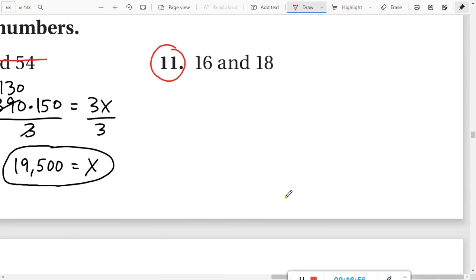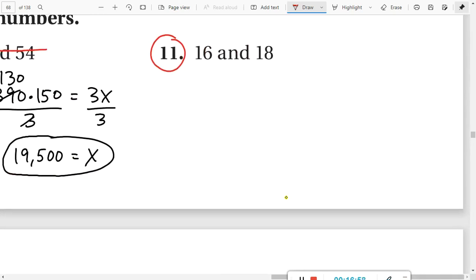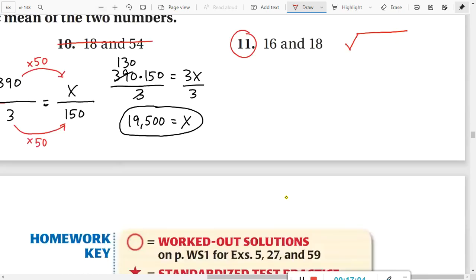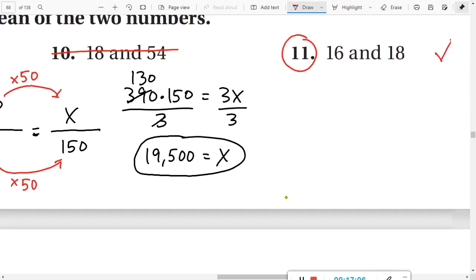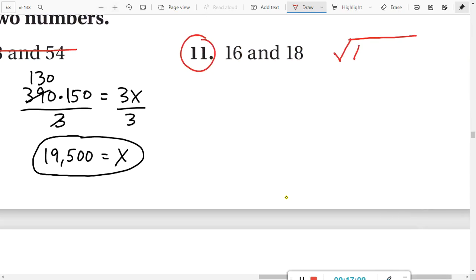All right, let's look at number 11, 16 and 18. We want the square root of 16 times 18. So I know that 16 is the same as 4 times 4, and I know that 18 is the same as 9 times 2.